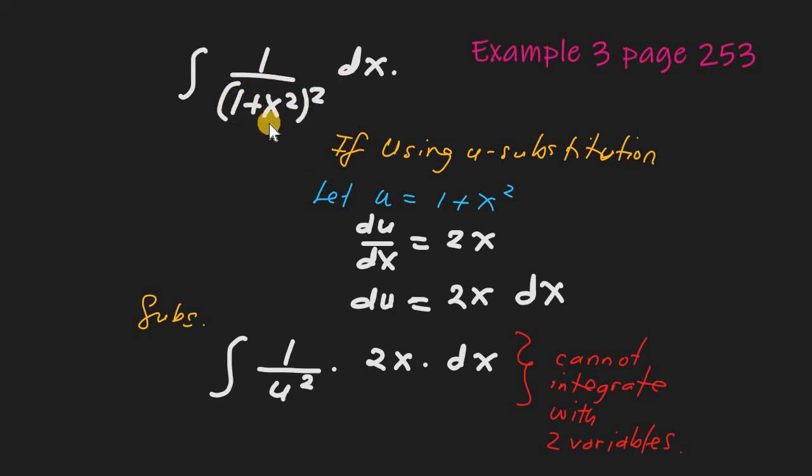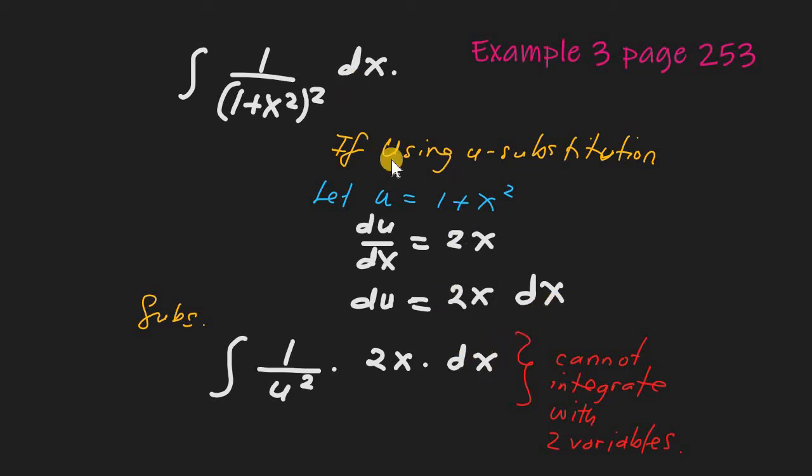At first glance, you might like to try a simple u substitution. Let's take the denominator 1 plus x squared to be u. But when you differentiate and try to get rid of the x so that you can change everything in terms of u, du/dx is 2x, so du is 2x dx.